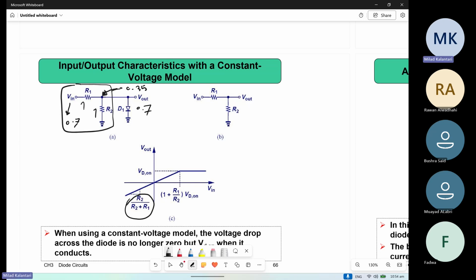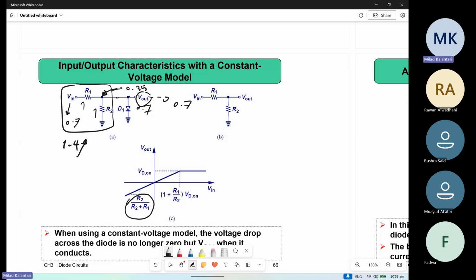So what is the value? You can calculate it, right? Should be more than 0.7. Correct, right? Because you need to consider this R1 and R2 voltage divider. So once the V in reaches more than 1.4, then this voltage here, the V out, which is the voltage of the diode, starts reaching 0.7, right?